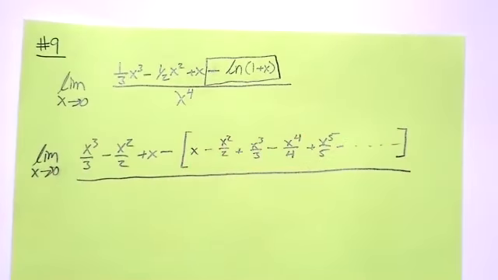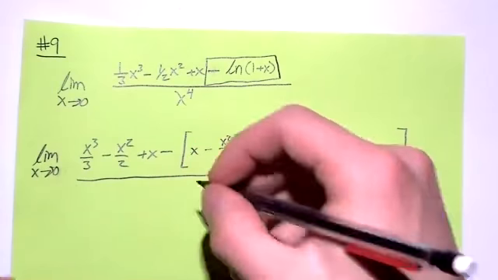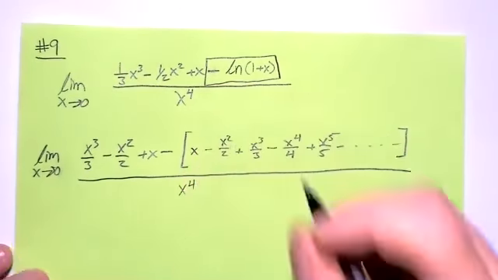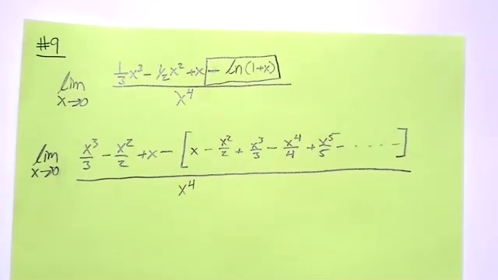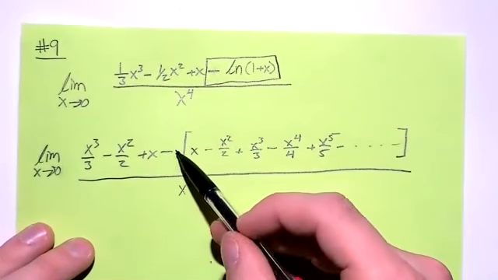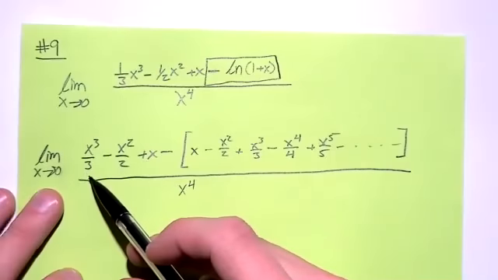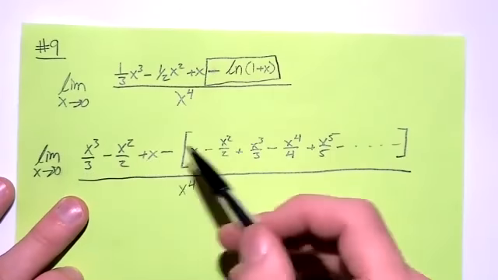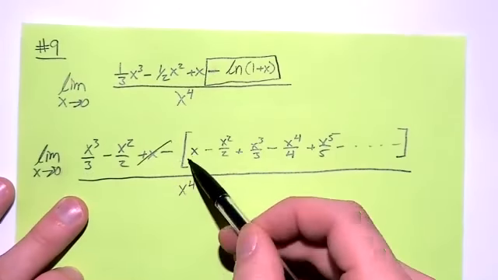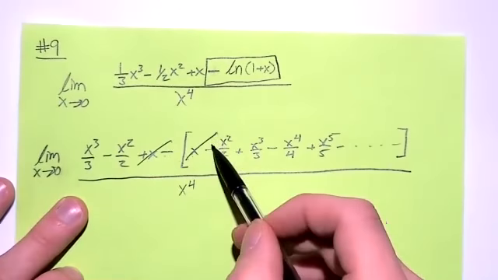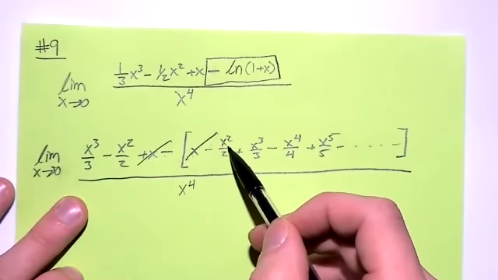All divided by x to the 4th. And now something interesting happens here. We have this negative sign that's got to get distributed to everything. If we look at what we have in front of this, we're going to have plus x minus x. Those will be gone. This minus turns this negative x squared over 2 into a positive.